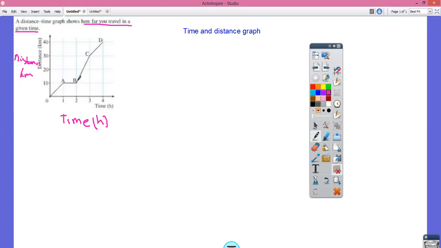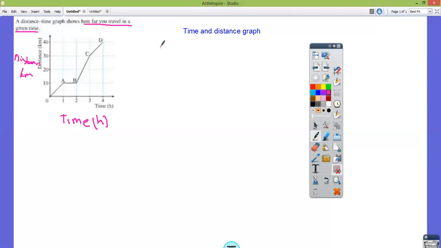Now in 3 hours, how many? 30 kilometers. In 4 hours? 40 kilometers.